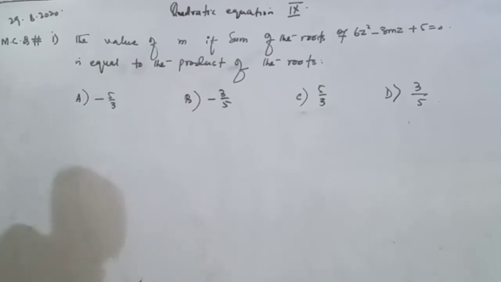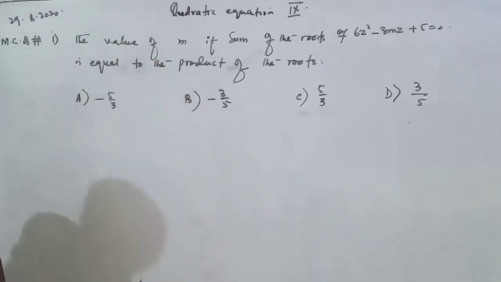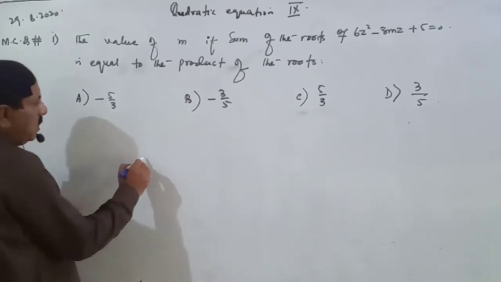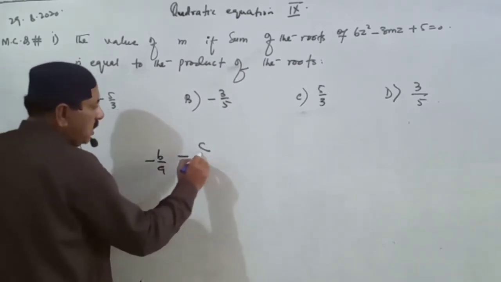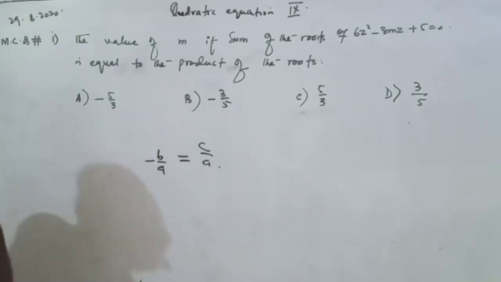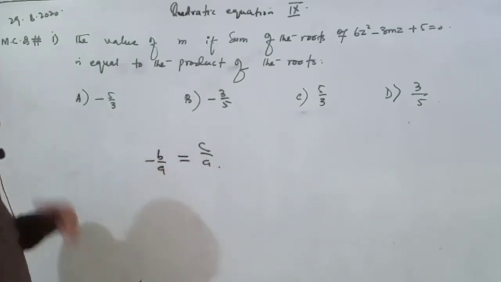So you know the value of m if sum of the roots is equal to the product of roots. You know that sum of roots is minus b upon a, product of roots is c upon a. If they both are equal to each other, what should be the value of m?